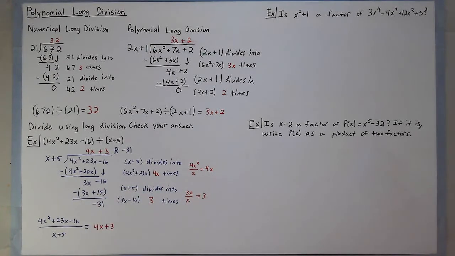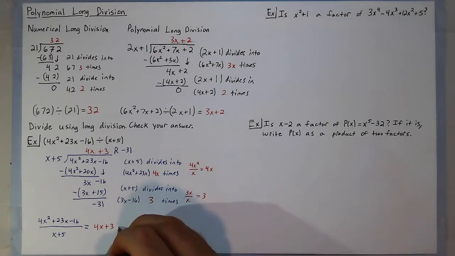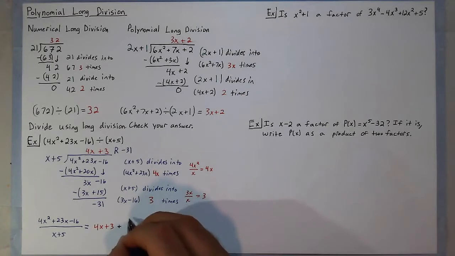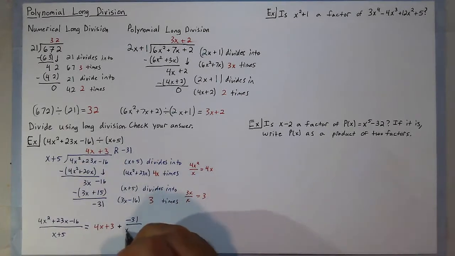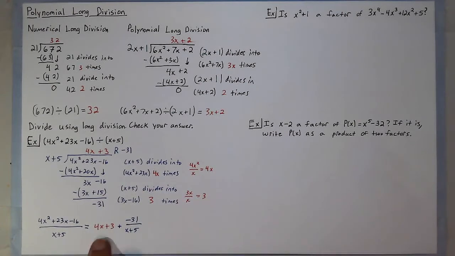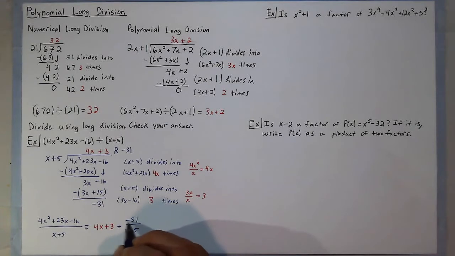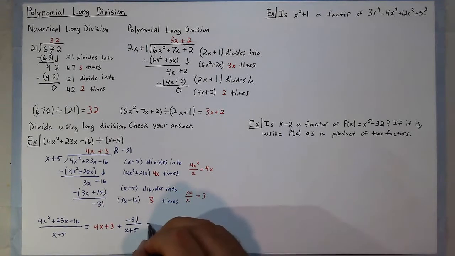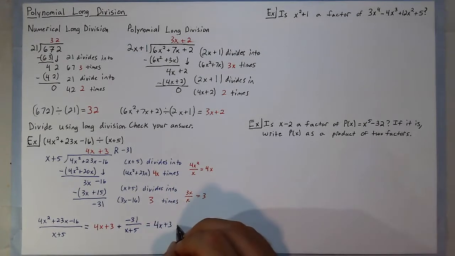But the remainder is good to put as a number plus the remainder, negative 31, over your divisor, x plus 5. Kind of like a mixed number. In this case, since I'm doing plus negative 31 over x plus 5, I could write my answer as 4x plus 3 minus 31 over x plus 5.